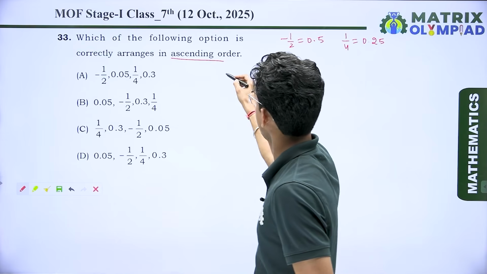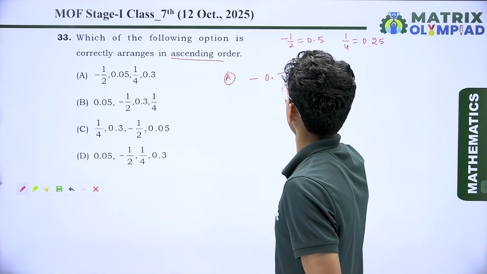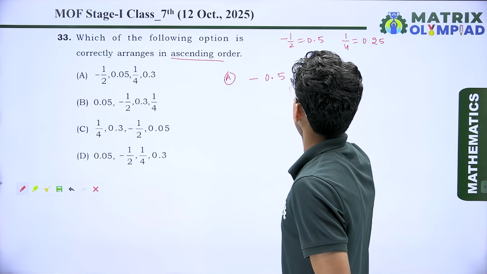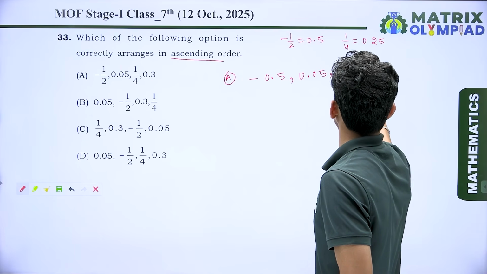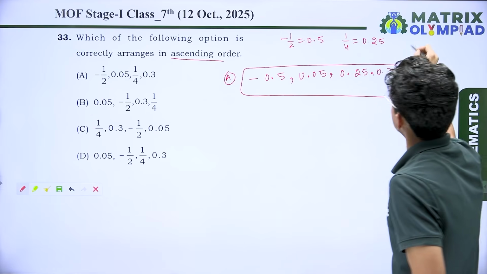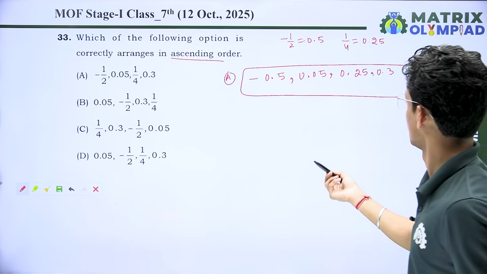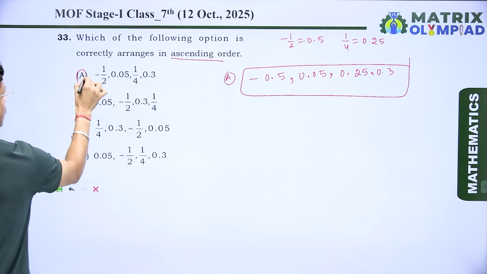So in option 1, here we have -1/2, that is -0.5, then 0.05, 0.25, 0.3, and this is already arranged in ascending order. It means option A is the correct answer here.